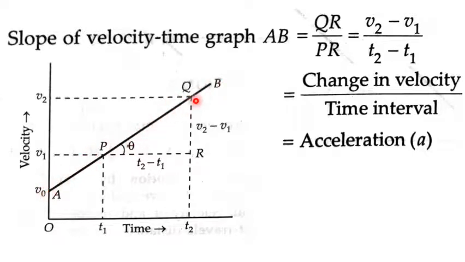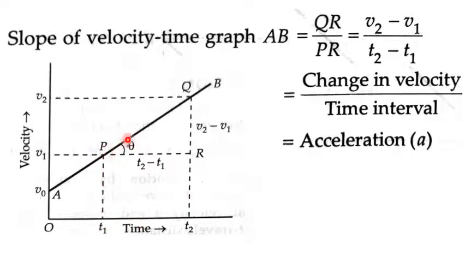What does the slope represent? Let us consider the small fragment of this slope, P and Q. This slope generally represents your change in the y-axis divided by your change in the x-axis.